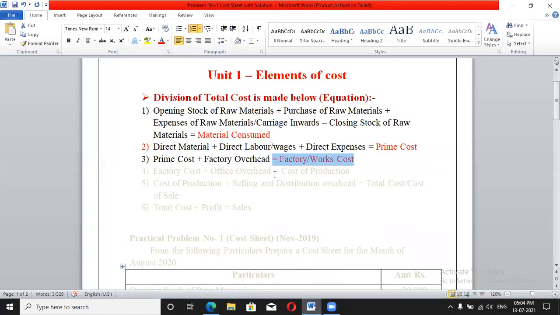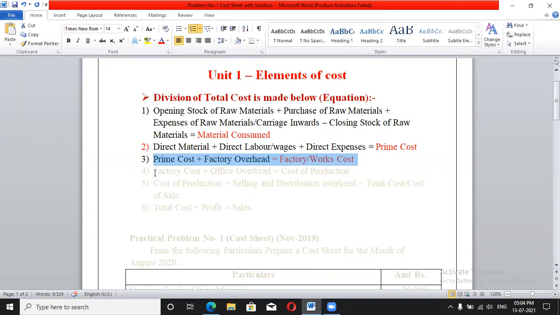So this is the equation: prime cost plus factory overhead, overhead means expenses, is equal to factory or work cost. So it is the third equation of your cost sheet. It is also very important for your MCQ type exam.